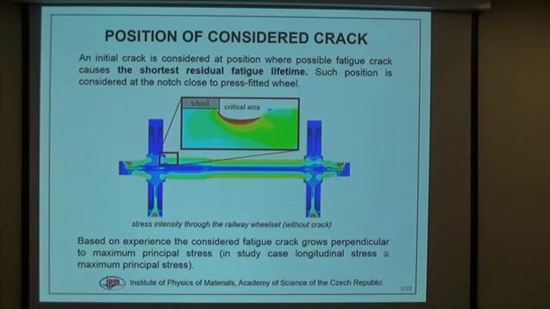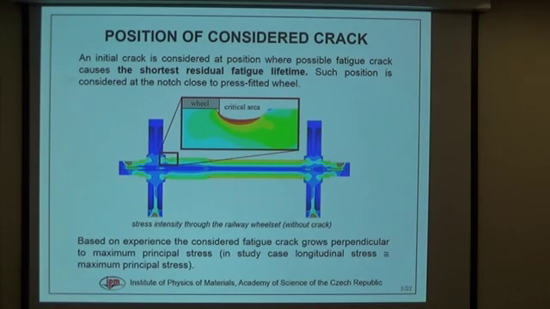In our work, we calculate residual fatigue lifetime of radial axles based on the damage tolerance approach. In this approach, we consider an initial crack, and the crack is considered at the position where a potential crack causes the shortest residual fatigue lifetime.